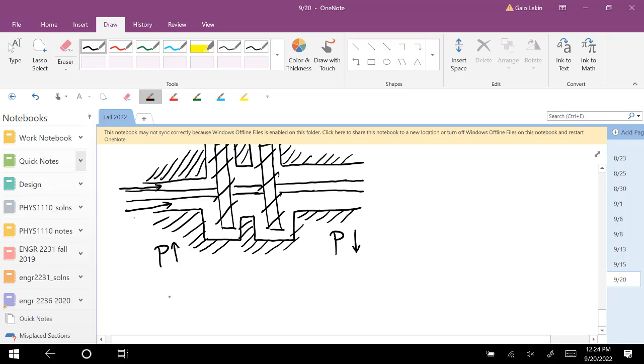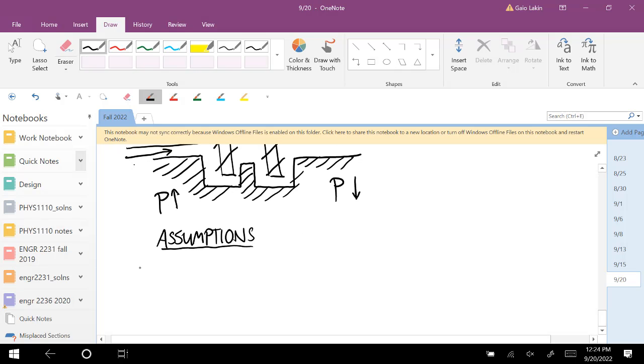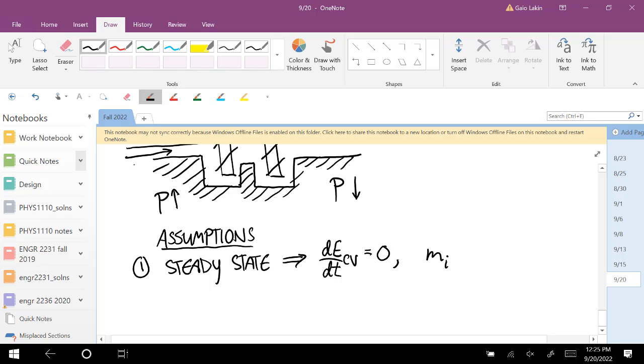And the assumptions we're going to use: first, we're going to assume steady state. We're going to make that assumption for all of these. That means the dE/dt for the control volume is 0. And again, just like for all of these, M dot in is equal to M dot out, and we'll just call it M dot.